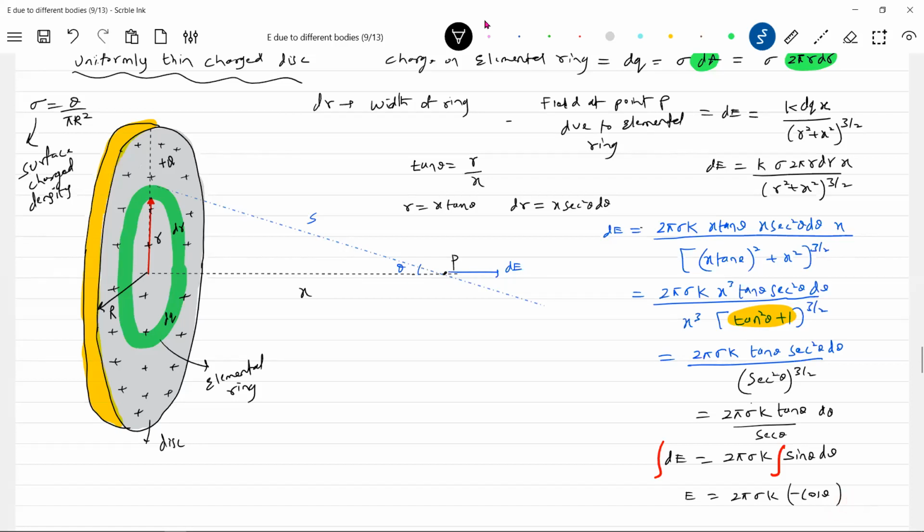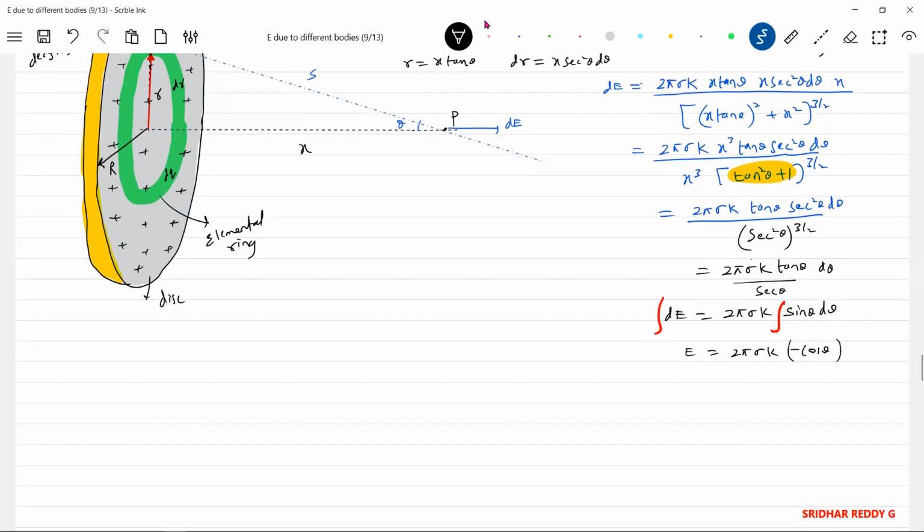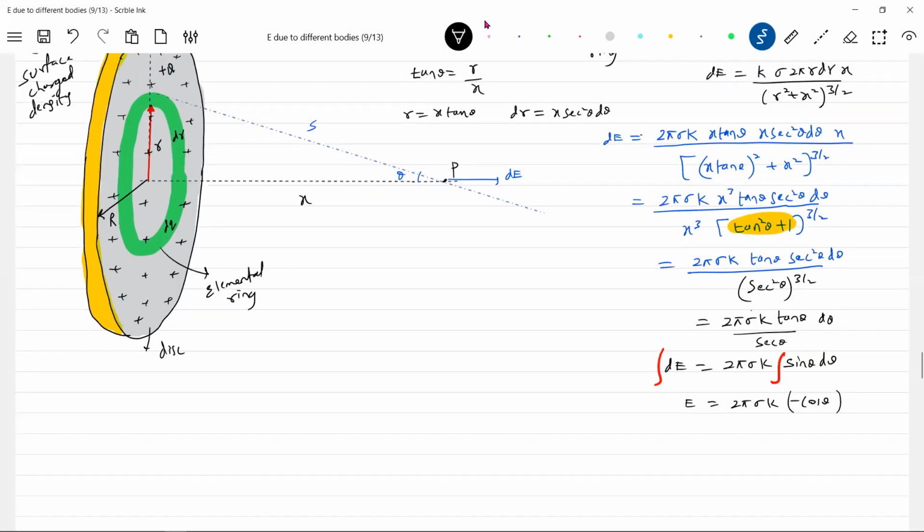And what is cos theta from the diagram? x by s. I'll proceed like this: 2 pi sigma K, cos theta will be minus of x by root of r square plus x square. The limit should be 0 to capital R.